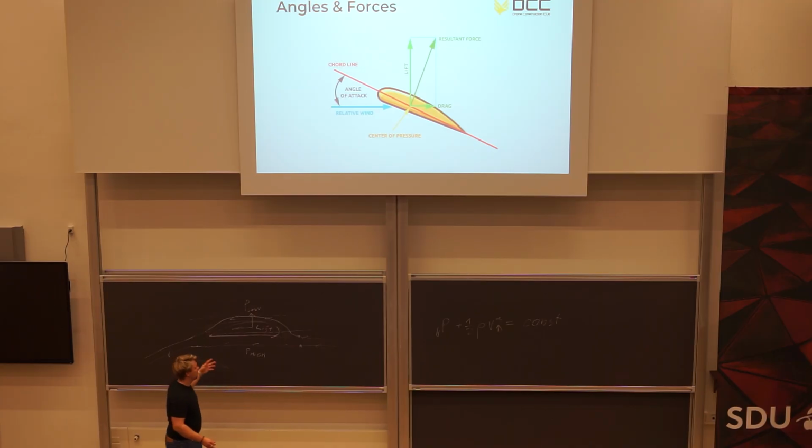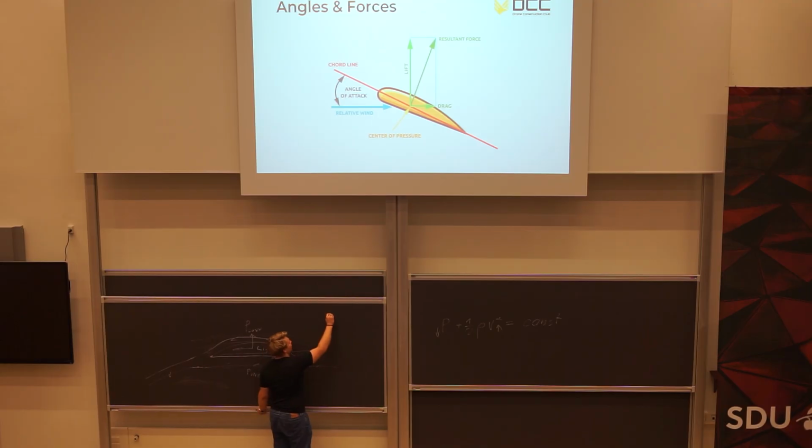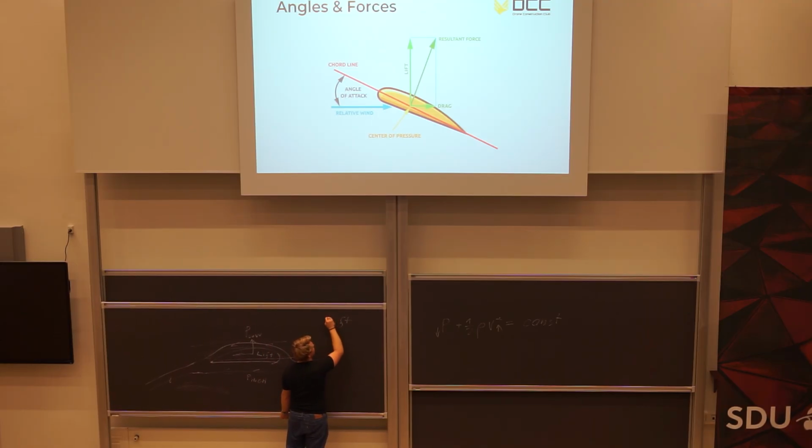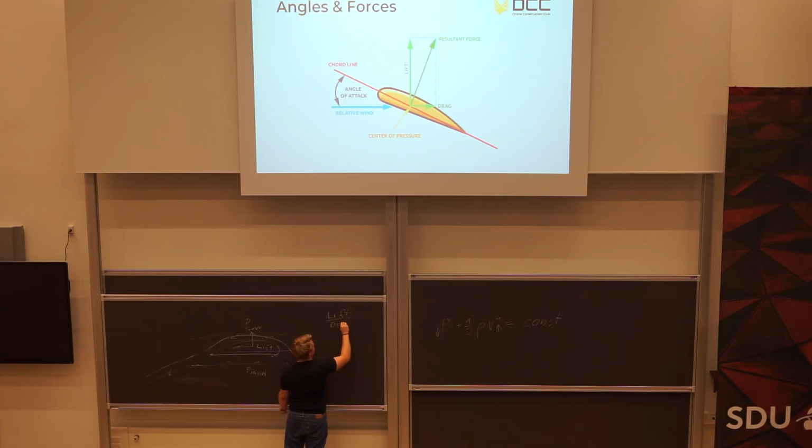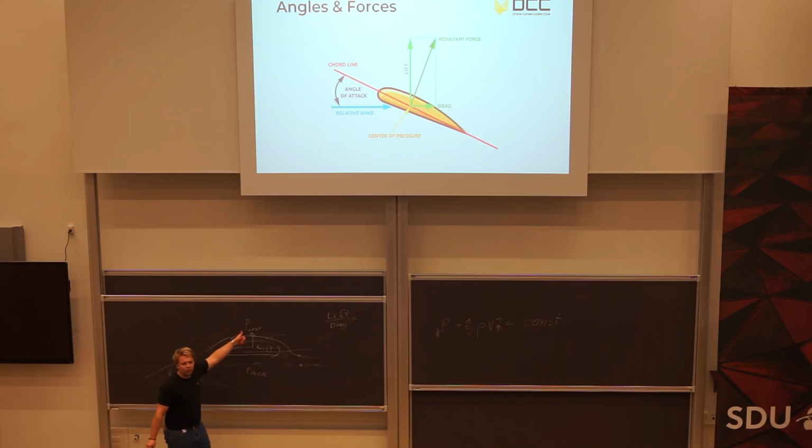So they have what we call a lift to drag ratio. And usually this number is quite a bit higher than 1. If you have it lower than 1, you're doing something really bad. So you get a lot more force in lift than you get in drag.